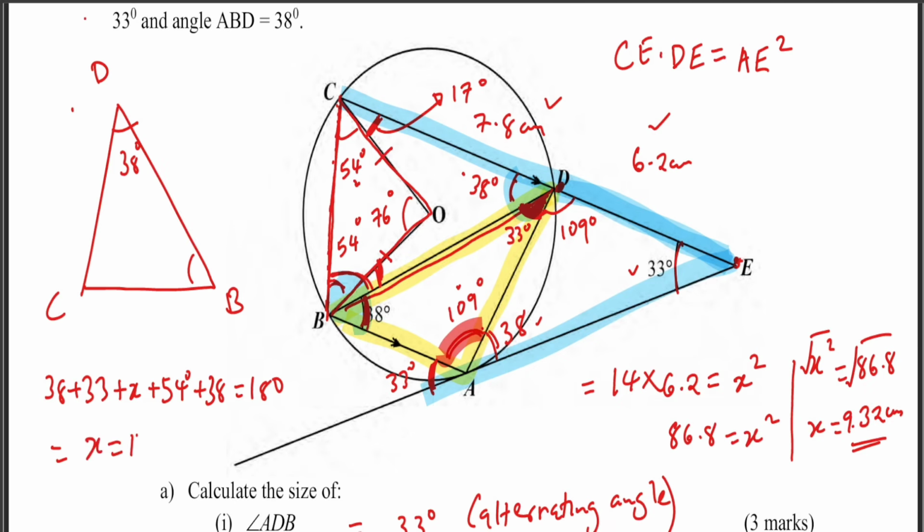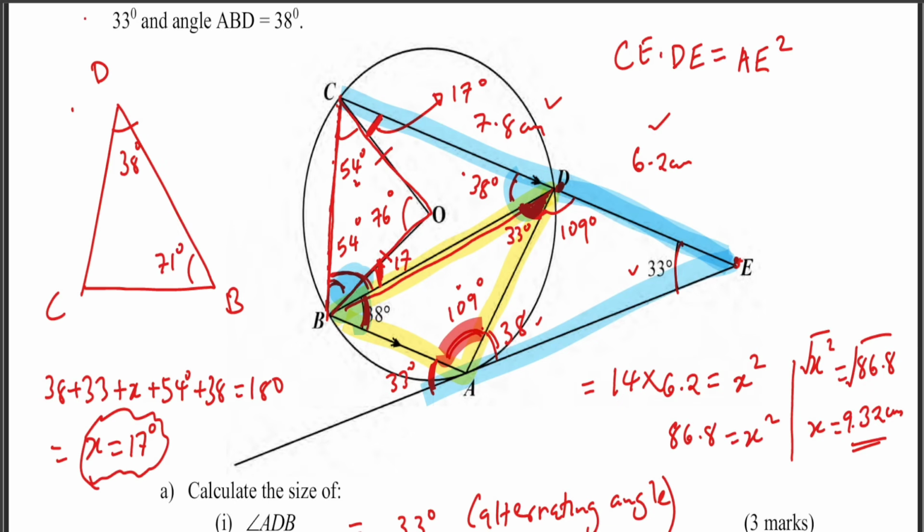So that small angle is 17, but without even doing that, you realize it should be 17, because if this is 17, this one should also be 17. So the summation of the angle here is 54 plus 17, which gives you 71 degrees.